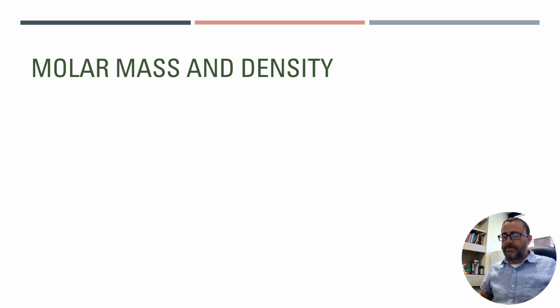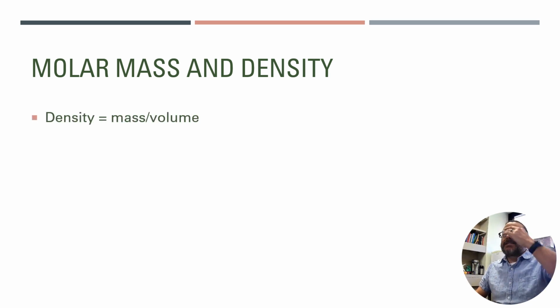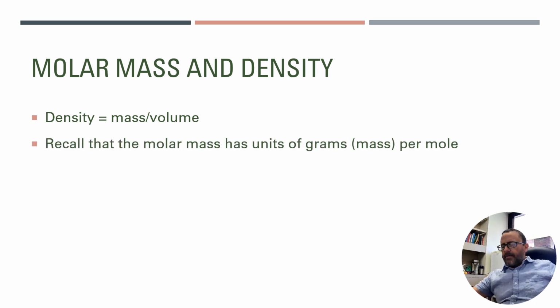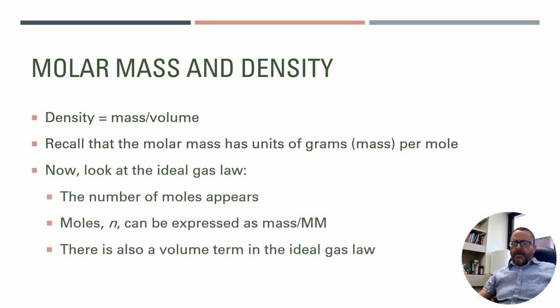All right, next up, let's do molar mass and density problems. Okay, so let's recall from earlier that density is mass over volume. And if we think back to the fact that molar mass has units of grams, which is mass, per mole. Now let's look at our ideal gas law and think about it, right?